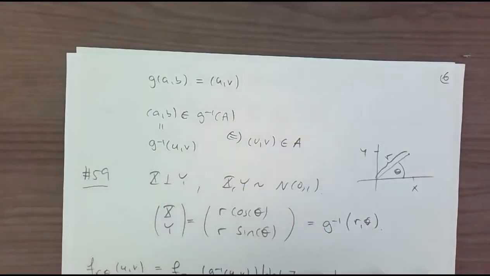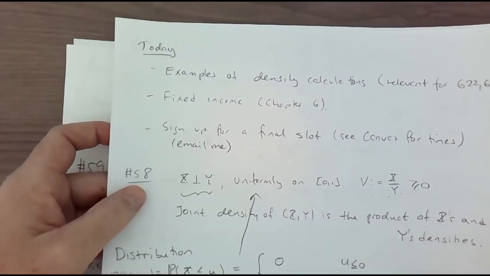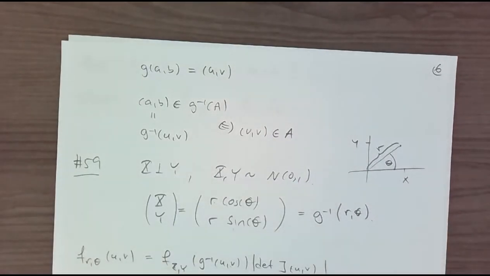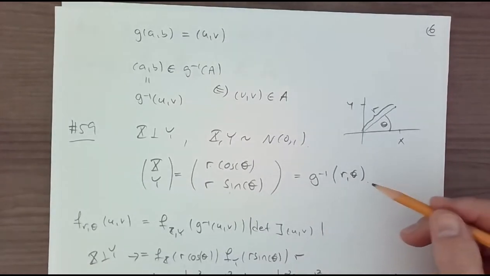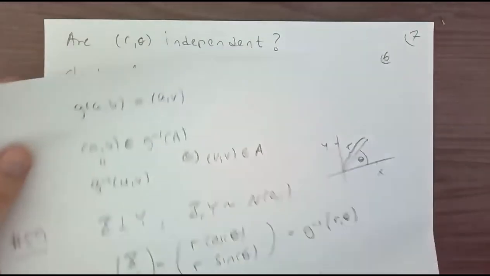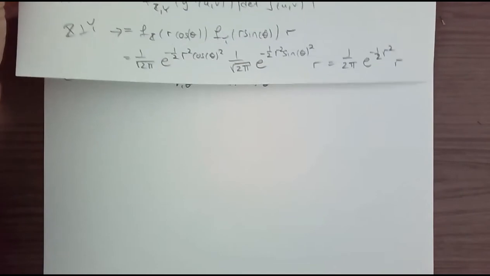So what we could do is proceed as in question number 58 and compute the marginal densities for R and theta individually. But we already did a bulk of the work. We have the joint density, and we can just integrate out one variable to get the marginals, right?